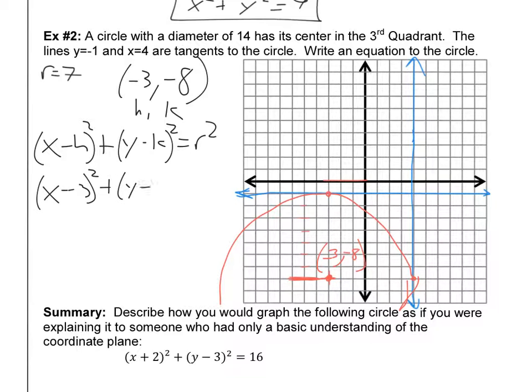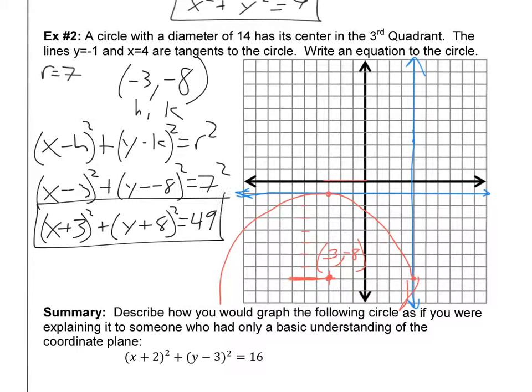And my k is negative 8, so I get a double negative there. And my radius is 7, so we could clean this up. It would be x plus 3 squared plus y plus 8 squared equals 49. Boom.